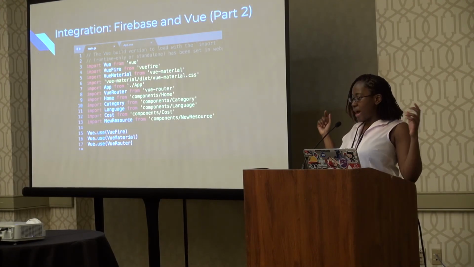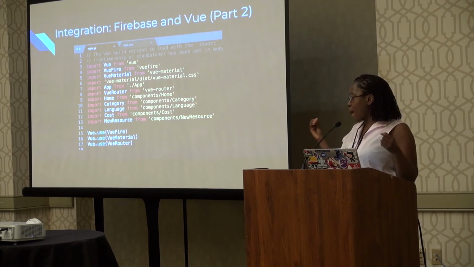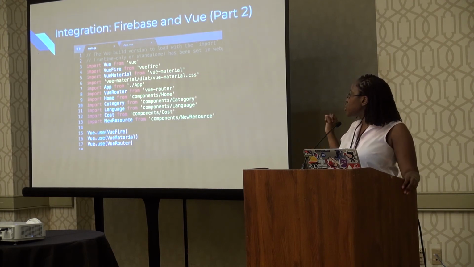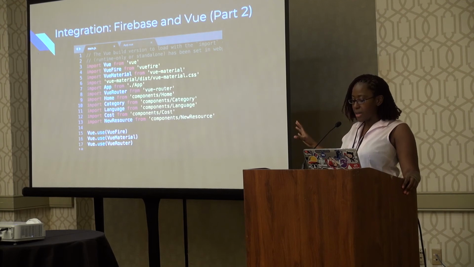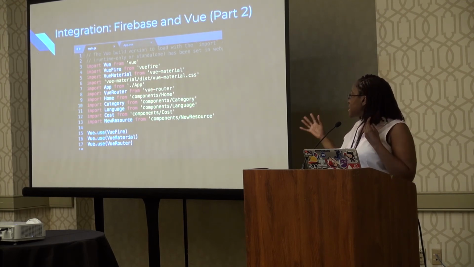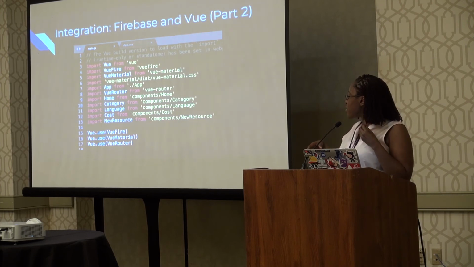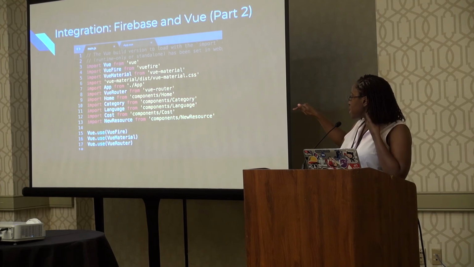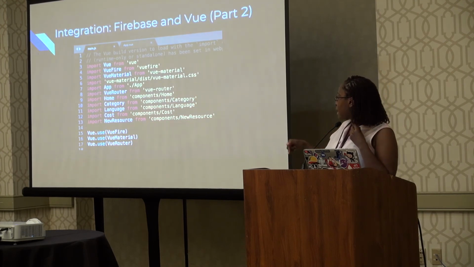In addition to adding all of that information into the app component itself, I had to put it into the main.js file. And in the main file, I basically had to import pretty much everything. As you can see, there's a lot of importing all of the excess components that I was putting into the Vue app.